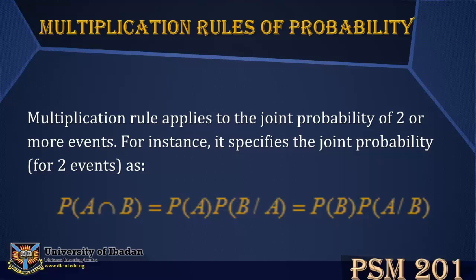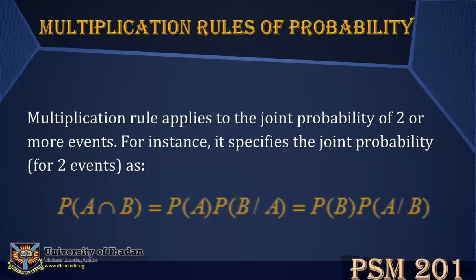Multiplication rules apply to the joint probability of two or more events. For instance, it specifies the joint probability for two events as P(A intersect B) equals P(A) times P(B given A), which is equal to P(B) times P(A given B).